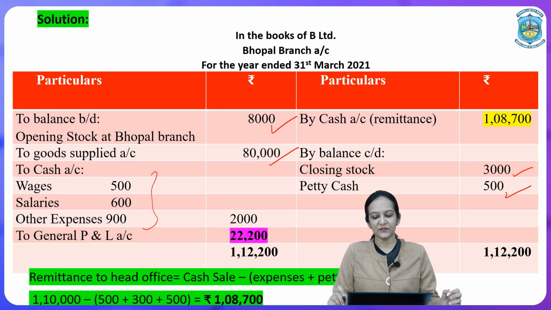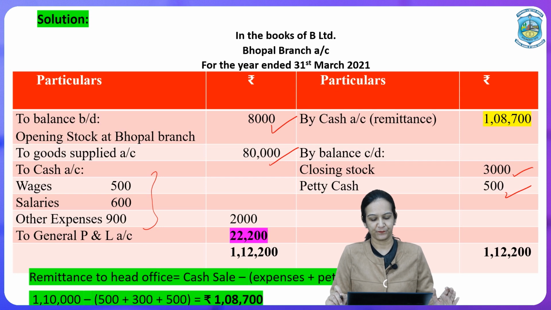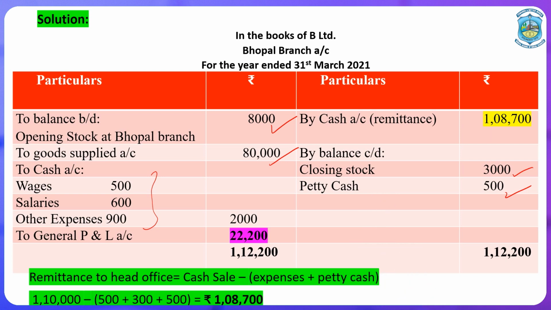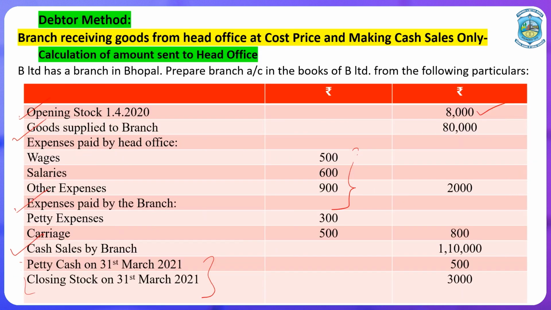Now, the new thing in this particular question is that some of the expenses are met by the branch. Now, how the expenses will be met by the branch office? Like you can see that in this particular question, cash sale of 1,10,000 rupees is given.